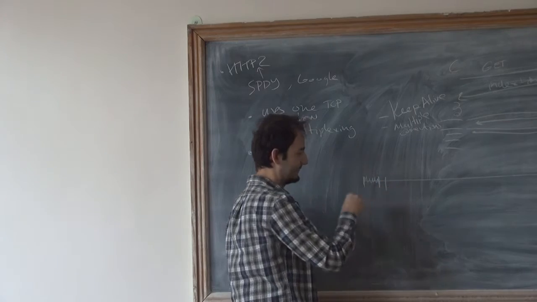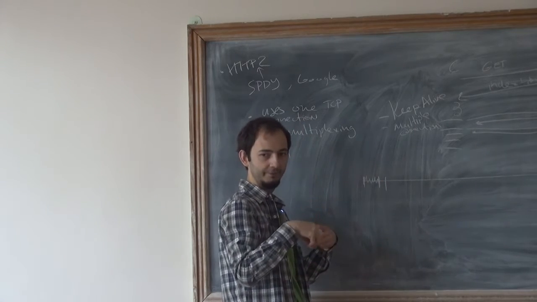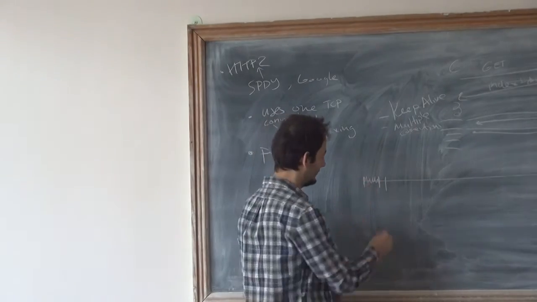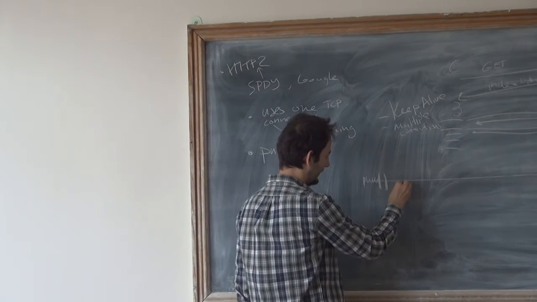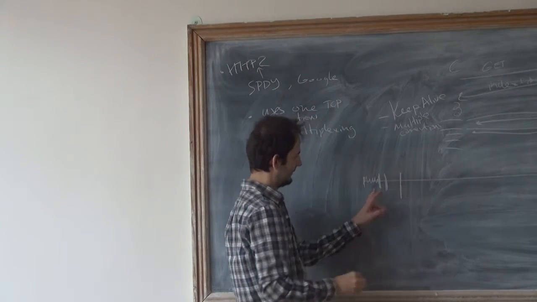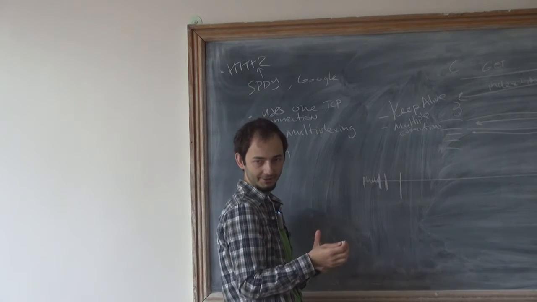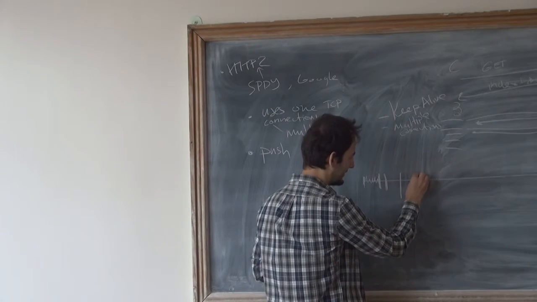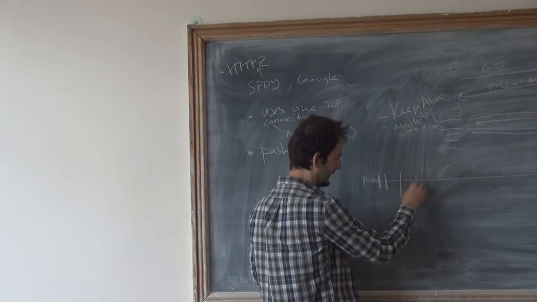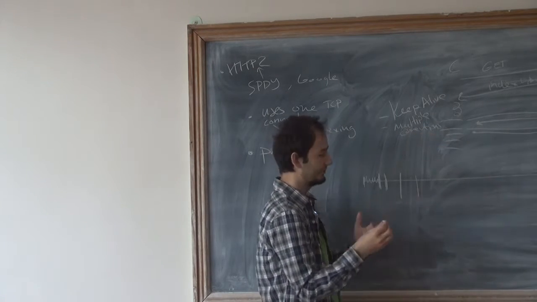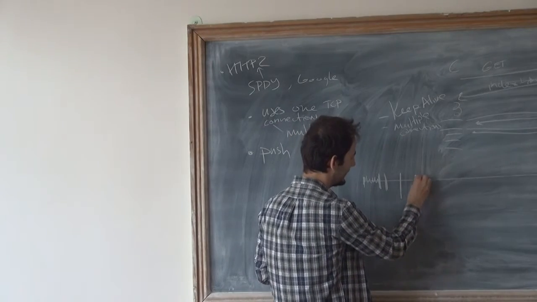This is how long it takes for the server to figure out what you want and give it to you. This is how far you get when you actually receive the server's response. Then you begin to parse it, and you build this list of other things you want, and let's say that it's here.